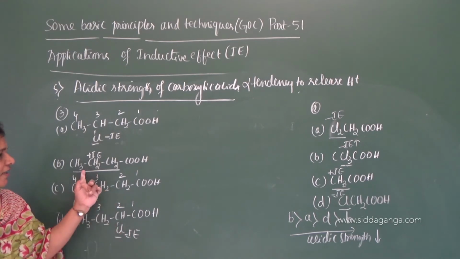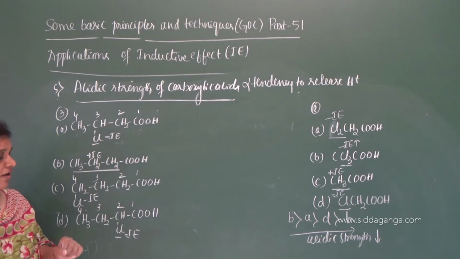So therefore, here there is no group with minus I effect. Then what is the order?